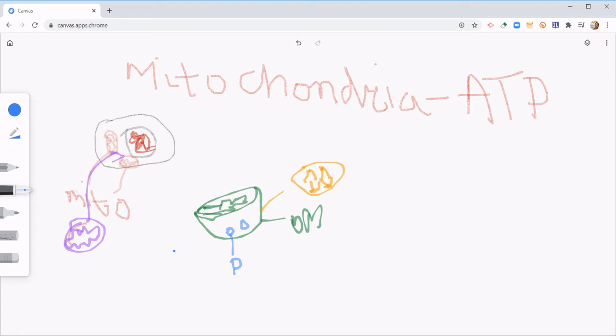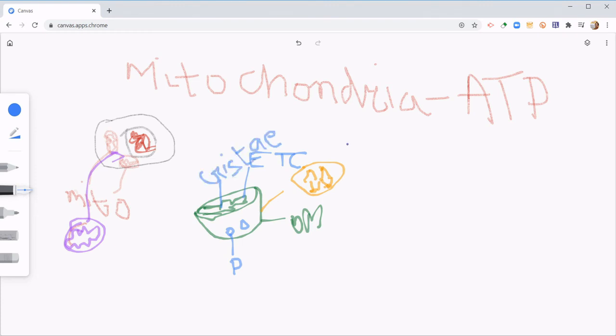Now, what are these folds? We often hear a word called cristae. So, this is cristae, C-R-I-S-T-A-E.